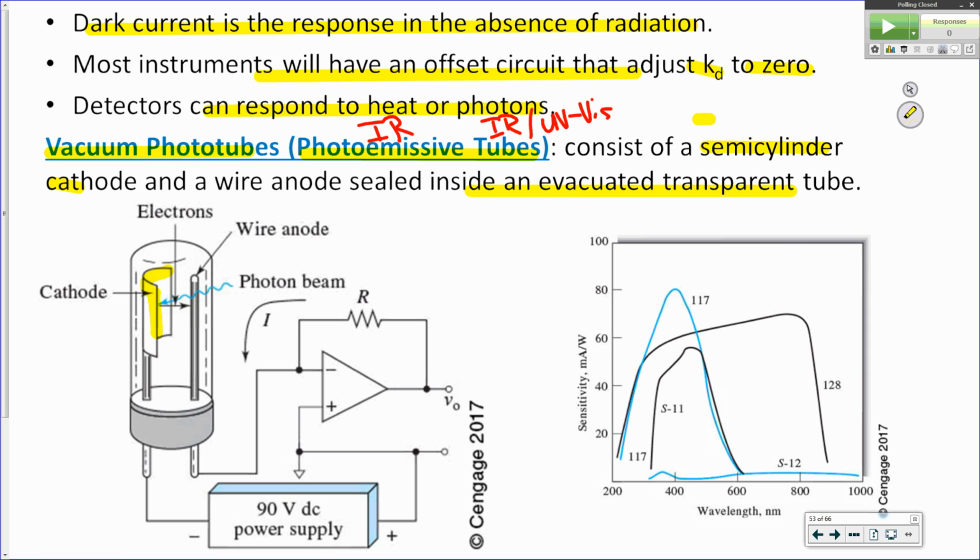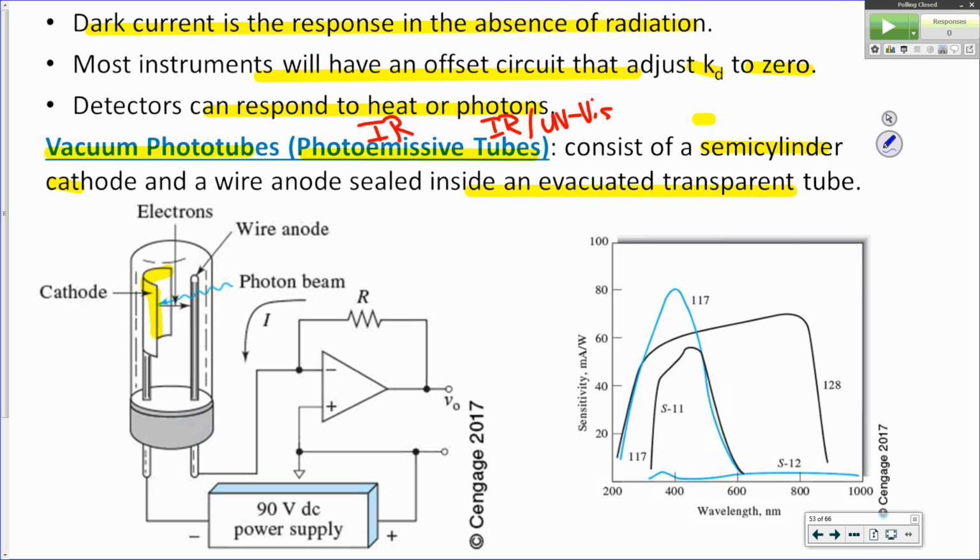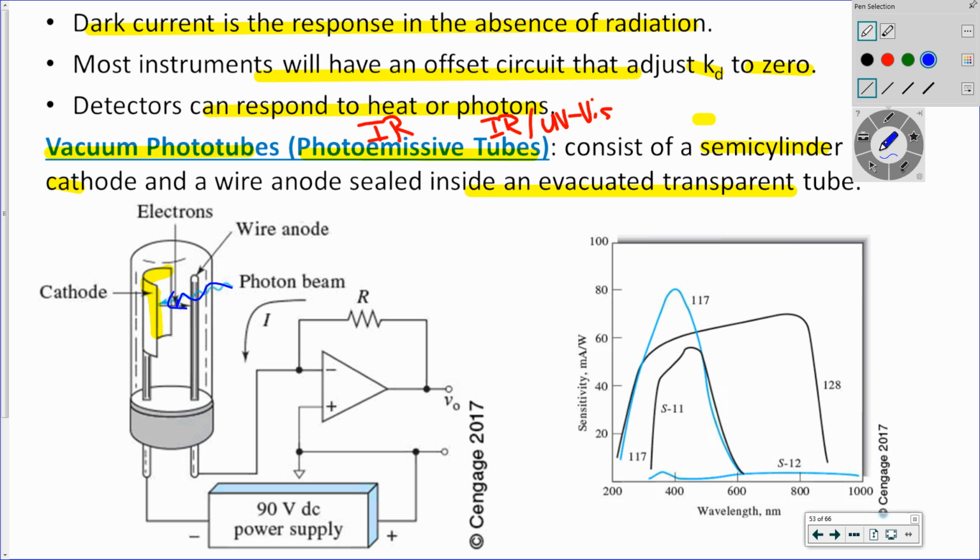Now, because of the separation between the cathode and the anode, current can't flow across that. What happens is a photon of light comes in, and when this photon strikes the surface, it causes an electron to be ejected. When this electron is ejected, it's attracted to the anode.